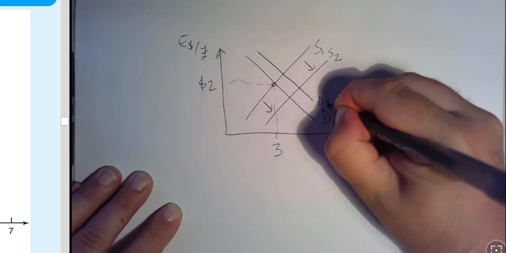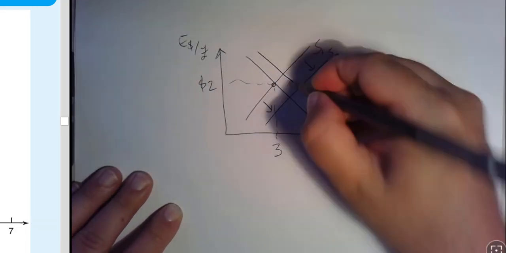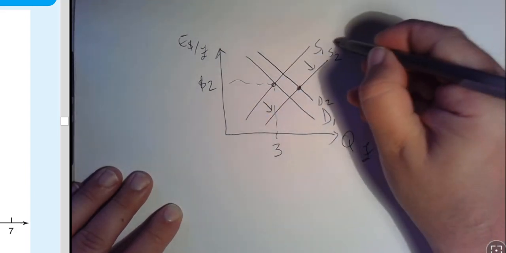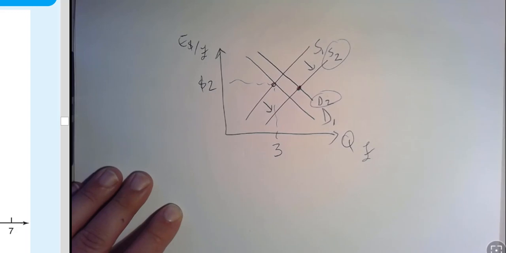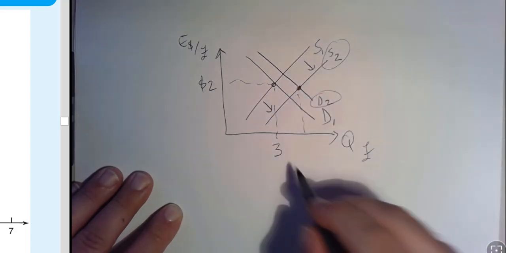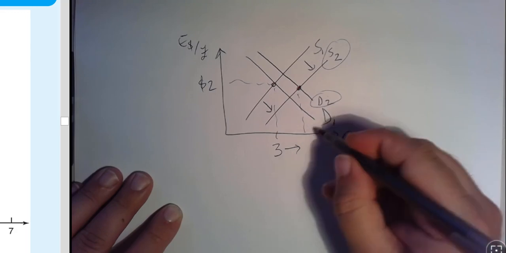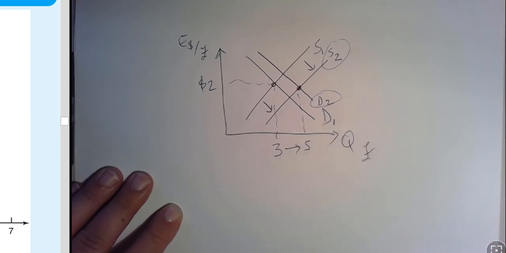Well, let's say it's just a little bit. So what's going to happen? The intersection of the latest supply with the latest demand occurs at the point beyond 3 for the quantity. Let's say this is 5 again, for the sake of simplicity.